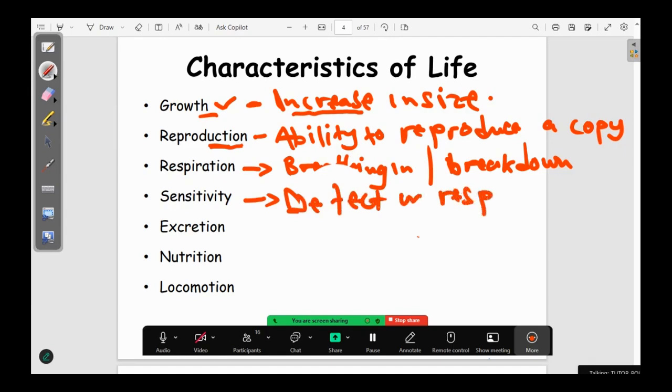No wonder a dead person, if you call them, they won't answer, or they won't hear you. Why? Because they do not have this sensitivity. Any living organism will have that sensitivity.